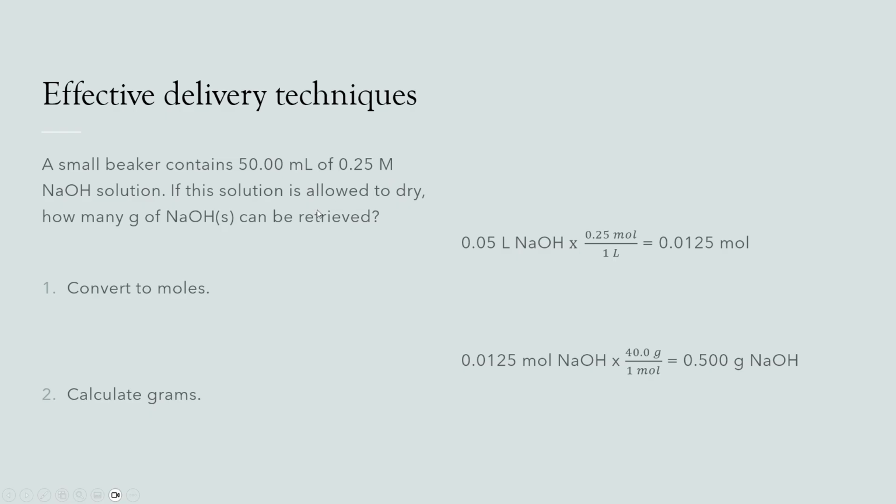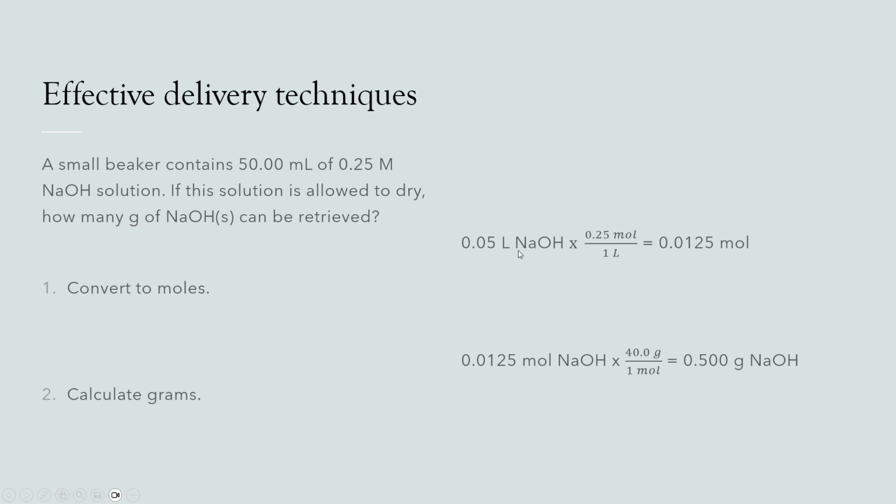So what we're missing is the moles, and we could easily find that. So first, let's change it to liters times molarity, and that will help us find the moles.